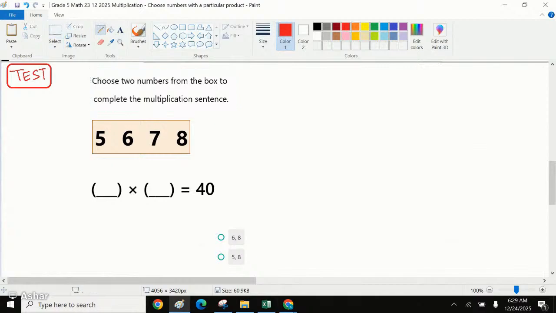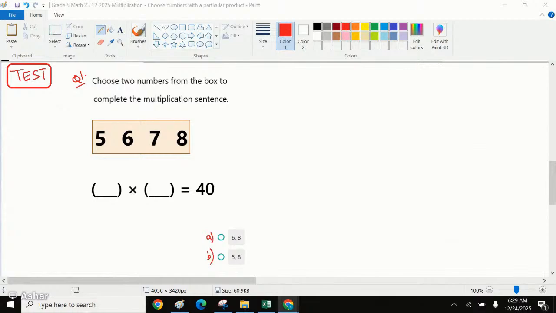For question number 1 from the test, this is option A and option B. Can anyone give me the answer? Which option would be correct? We have the given numbers 5, 6, 7, and 8. We need to find any 2 numbers that multiplied together give the answer of 40. So what are the 2 possible numbers?